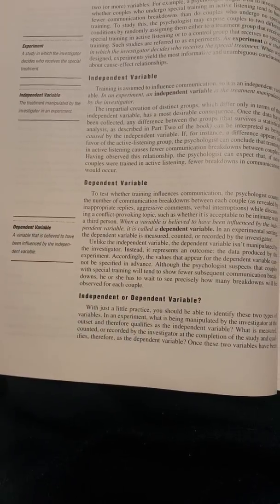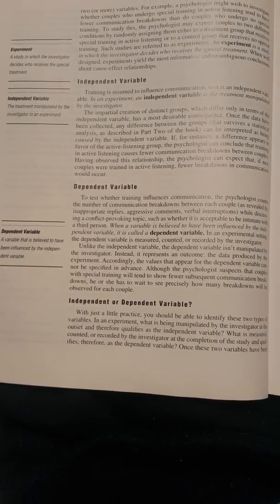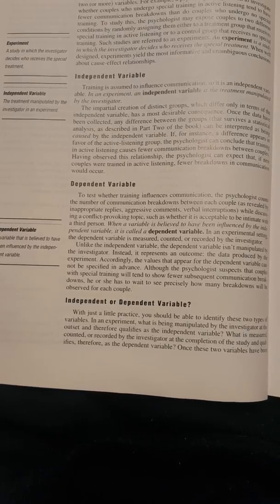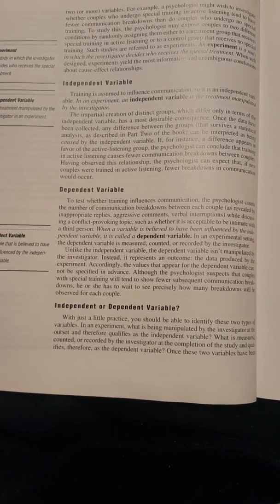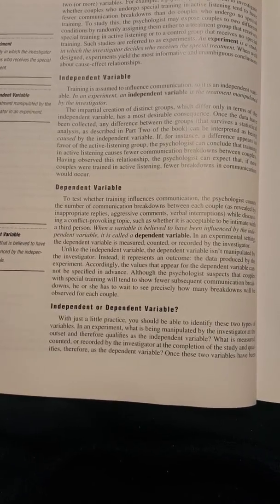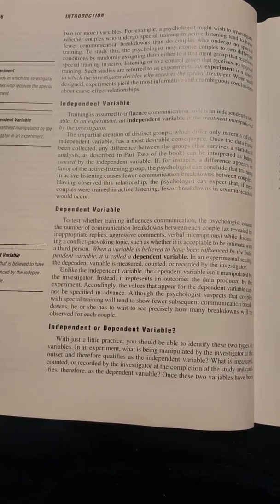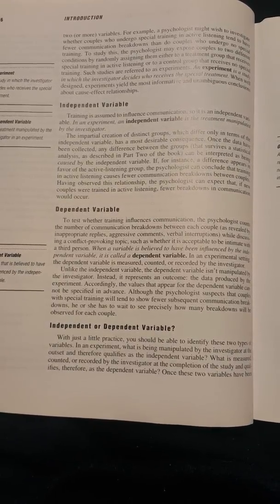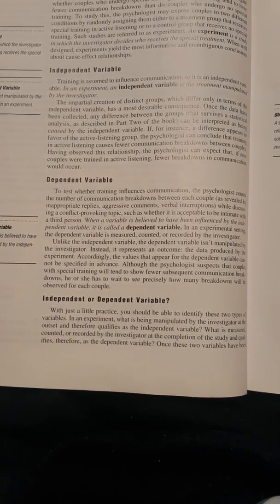Then we have the dependent variable, which is a variable that is believed to have been influenced by the independent variable. Unlike the independent variable, the dependent variable isn't manipulated by the investigator. Instead, it represents the outcome, the data produced by the experiment. So independent is manipulated by the investigator, whereas dependent is not manipulated.